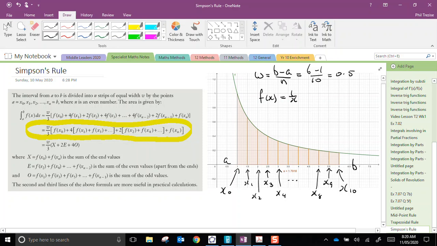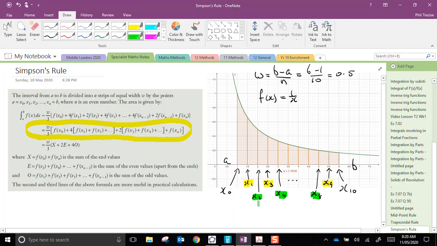Because the distinction here, of course, is that we have to sum the values of the function where x1, x3, x5, the odd ones in other words. So that one, all the way up to that one will have to be summed. And then separately in this calculation, we have to use x2, x4 and so forth, the ones in between up to x8.